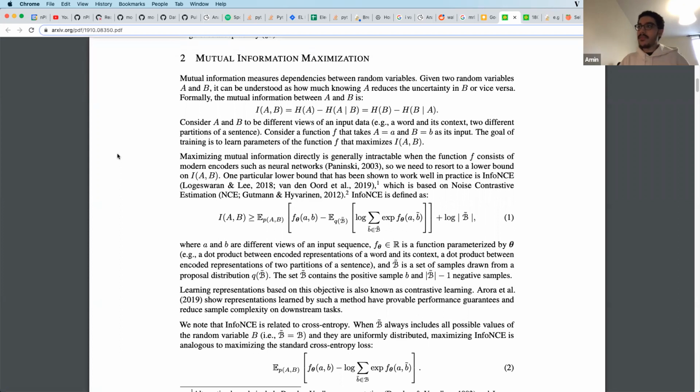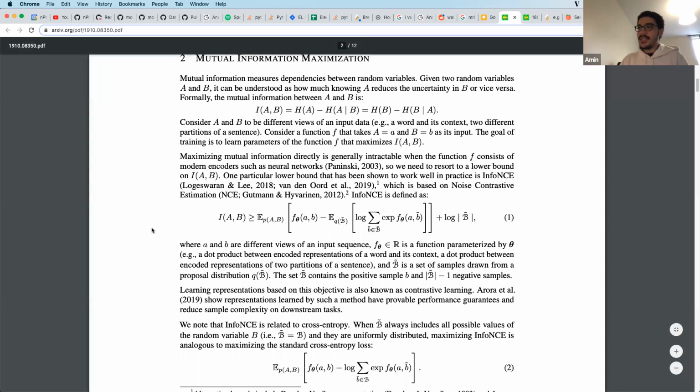But an example is, given a sentence, you have an encoder which gets a representation of one word, and you want to maximize the mutual information between that and some aggregated representation of the other words in the sentence. So that's an example. There are many examples we'll get to, but that's one of them. I hope that answers your question for now.